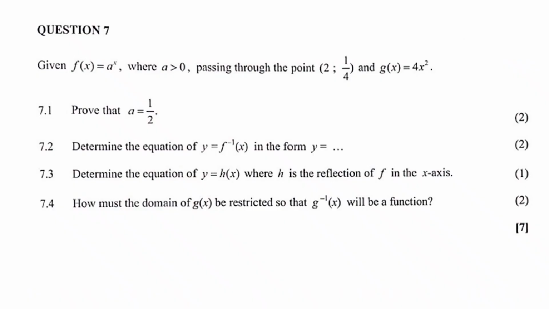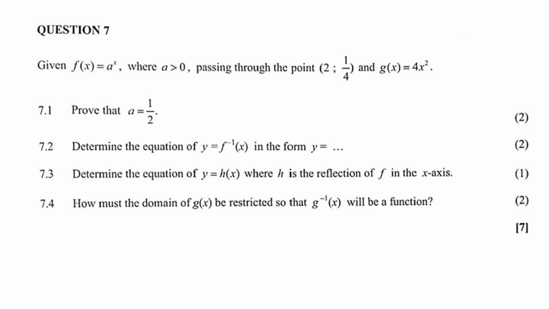Right, in this question 7, given is f of x equals a to the power x, where a is greater than 0, passing through the point (2; 1/4), and g of x is equal to 4x squared.